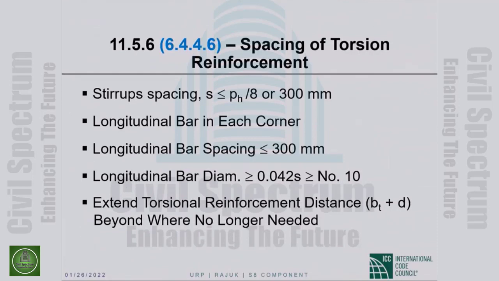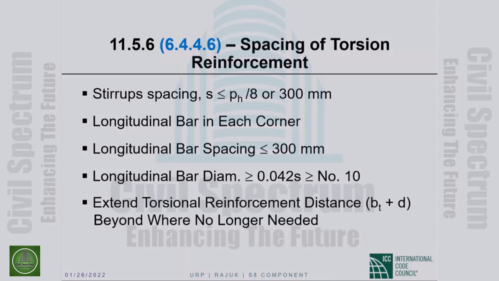So the summary of all the requirements for torsional reinforcement that we discussed is here. Stirrup spacing maximum is 1/8 of p sub h or 300 millimeters, whichever is the smaller of the two. A longitudinal bar shall be at each corner of the closed transverse reinforcement.